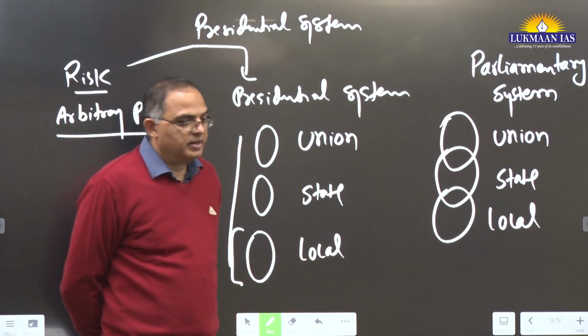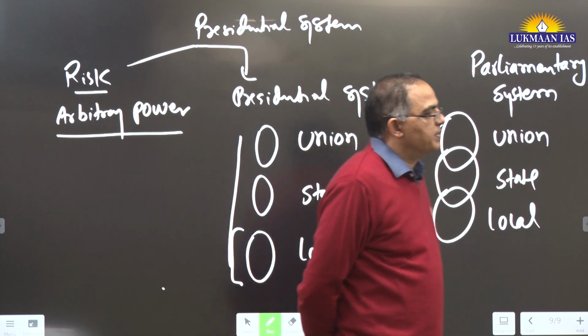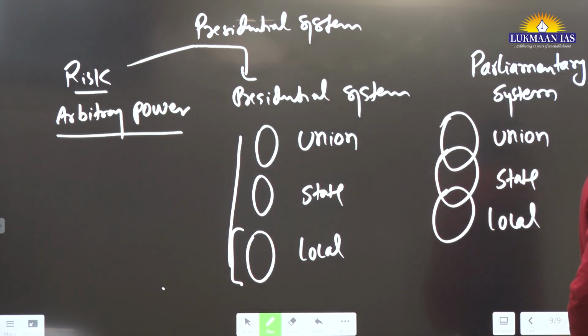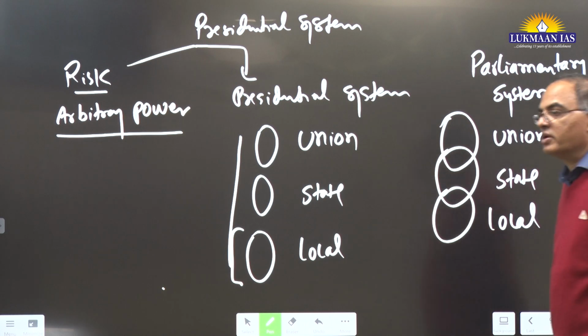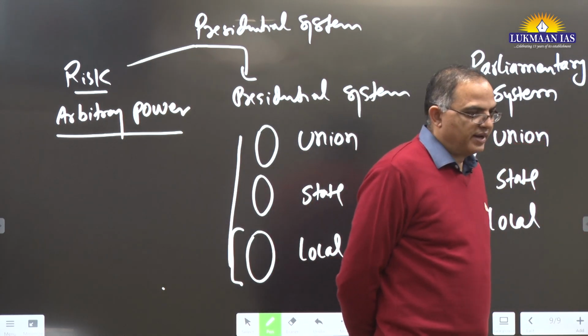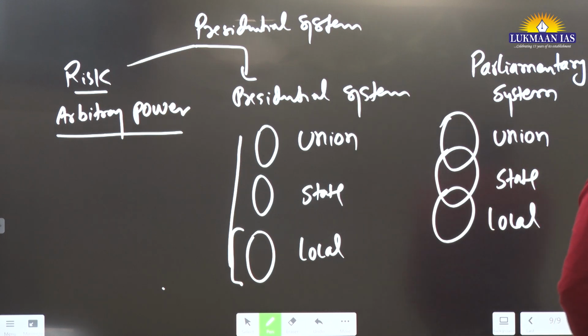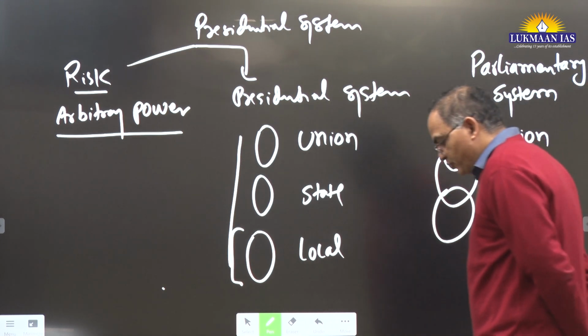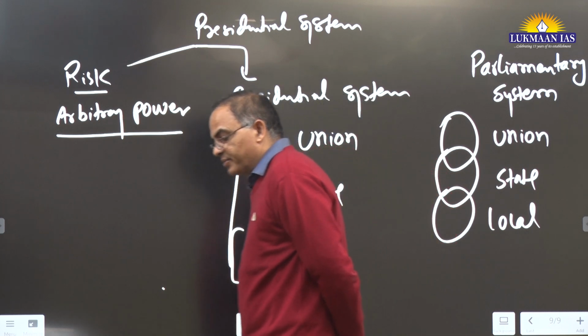First, 46% criminalization of politics. Next, defection politics and political corruption.